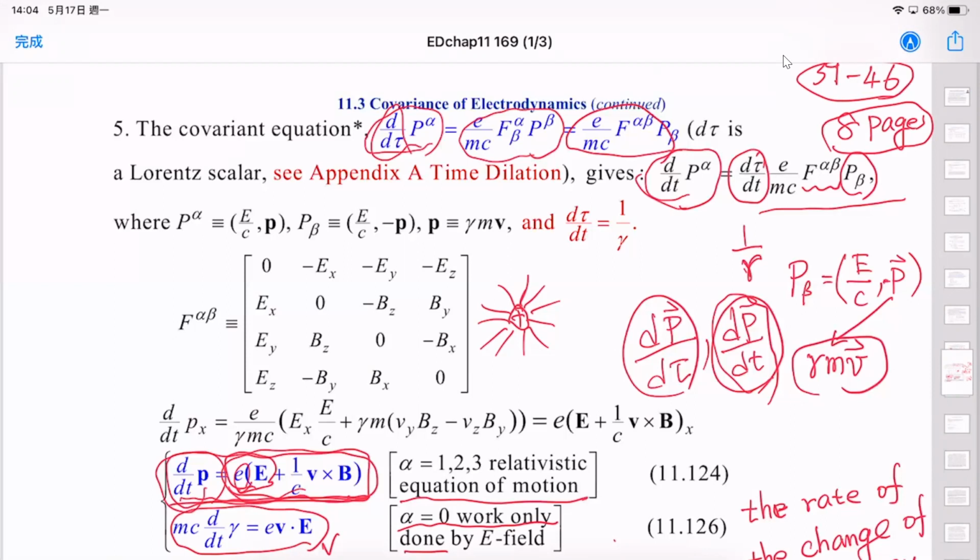We assume that you already studied Griffiths. Some previous course already told you how to derive this equation. Here is a summary. I will provide some links so you can download the file and study by yourself if you did not study Griffiths before.